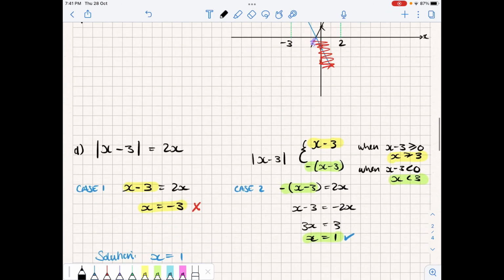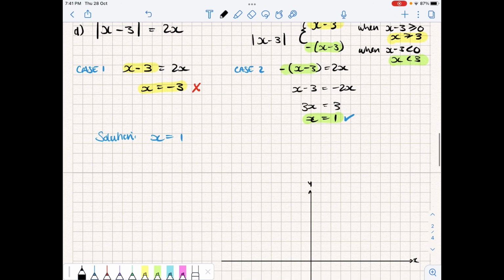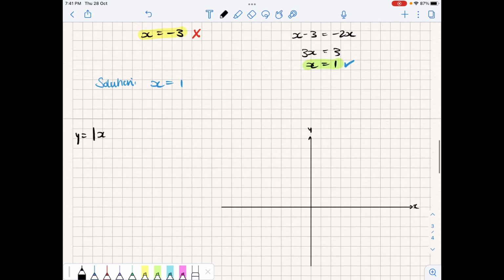Now, in the same sense, we can take this equation that we were asked to solve, where we had the modulus of x minus 3 equal to 2x. And when we solved it, we found that one of the solutions wasn't valid. So graphically, let's see why that's the case. So again, we could consider this as y equal to the modulus of x minus 3 and the function y equal to 2x.